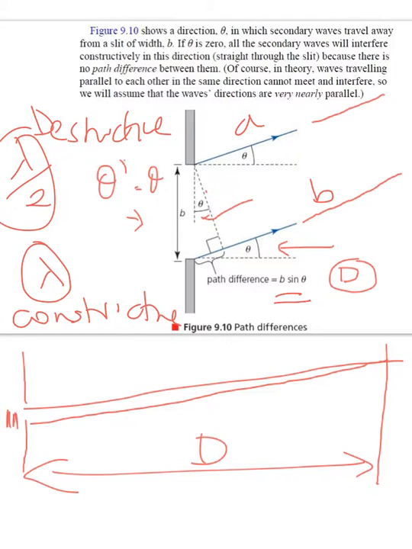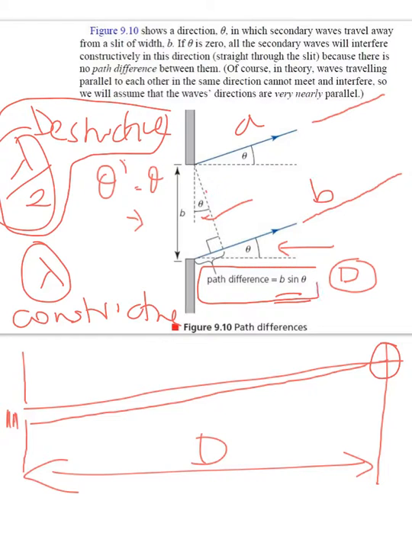Okay, so we're considering destructive interference at this point here. So we'll be looking at this phenomena when the path difference here is equal to lambda over 2. So that gives us the beginning of something.